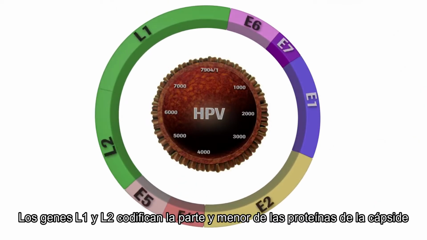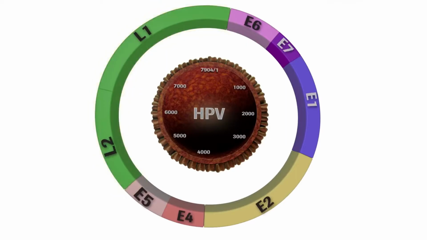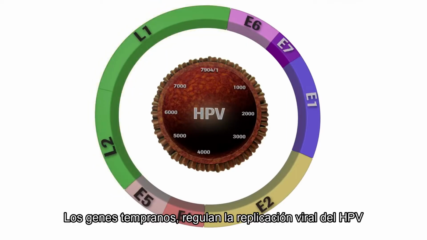The L1 and L2 genes encode the major and minor capsid proteins. Early genes regulate HPV viral replication.